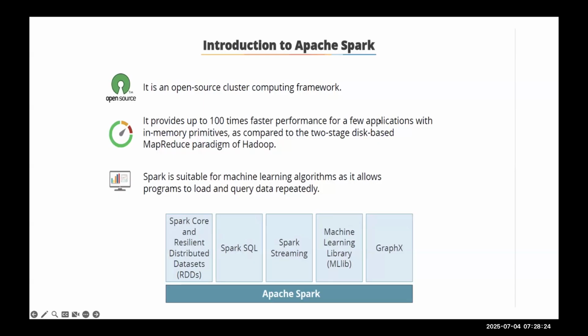Let's talk about the replication factor. What is replication and why are we doing it? Replication is one of the fault tolerance methods. Suppose you have created one table, an employee table.